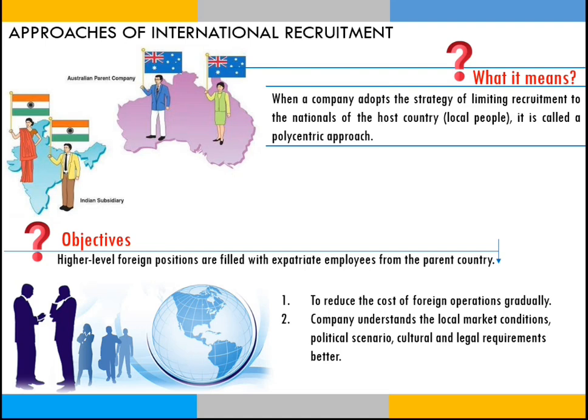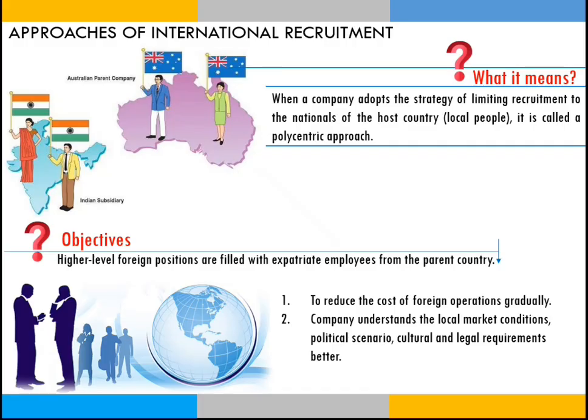So in this situation, as you can see, the parent company or the home country of the MNC is Australia. You see two people holding the Australian flag there. But this company has its subsidiary in India. So you see India's map is also presented.